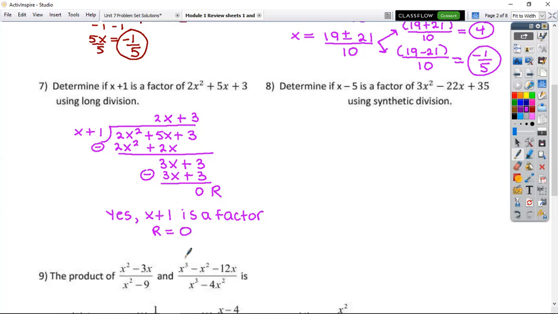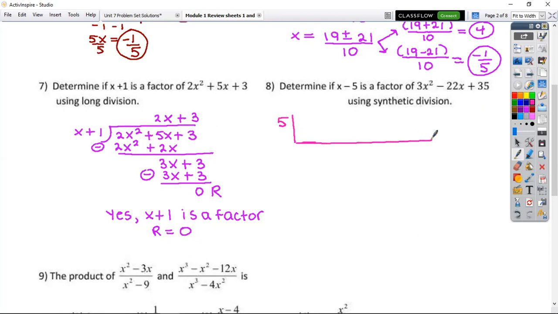Okay, nice, quick, and easy. So we also did that using synthetic division. So to do synthetic division, I am going to take my binomial right here, x minus 5. And what do I do with the negative 5? Switch it. Yep, make it a positive. And then I'm going to do the same exact thing with the division and assess whether or not I have a remainder.